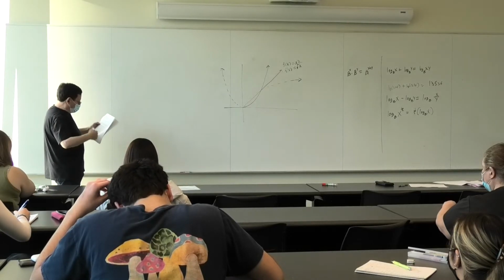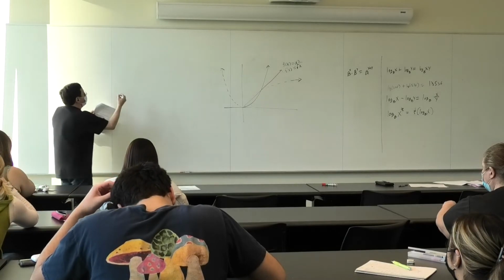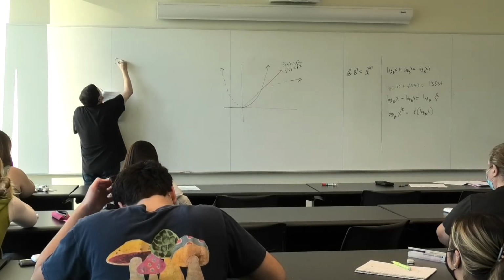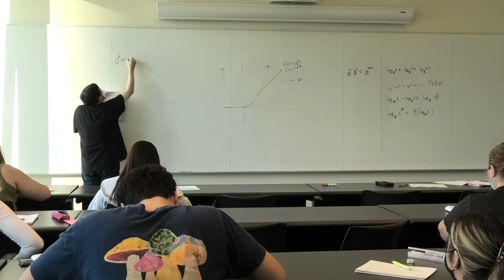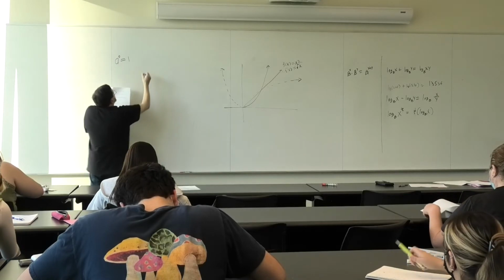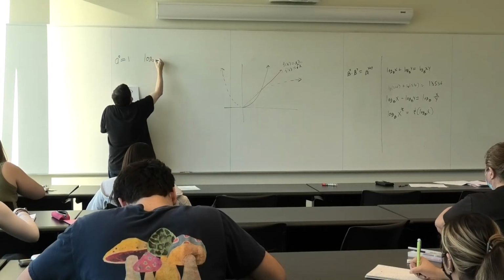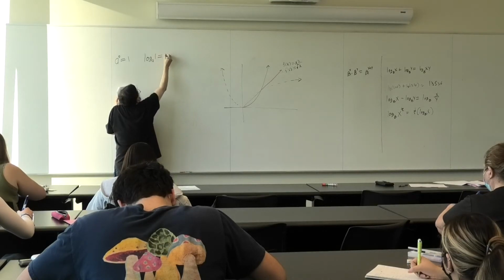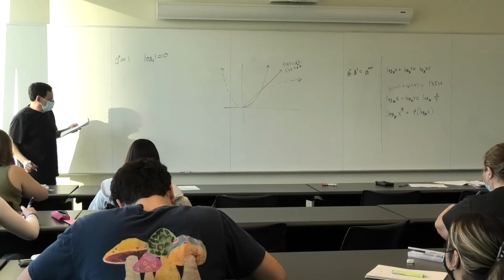I think we've almost covered all of them already, but let's just break them all down. For exponents, a to the 0, where a is not 0, is 1. So we have that log to the base a of 1 is 0. That's a useful thing to know.